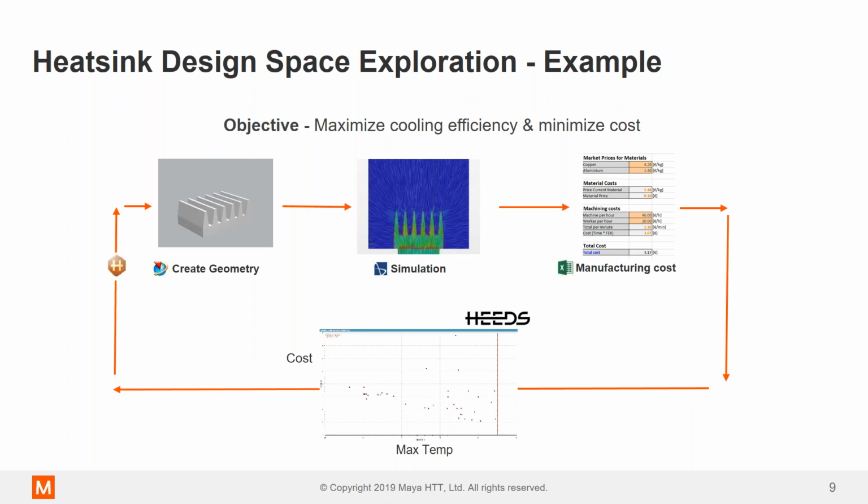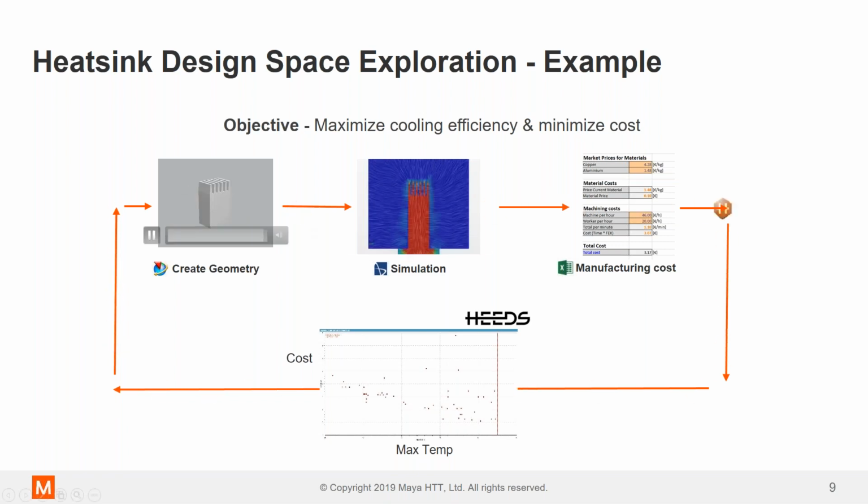As you can see in this simple example, we're going to be looking at how you might maximize the efficiency of a heat sink. Something we're all pretty familiar with, the kind of thing you might find on any circuit board. But at the same time, look at the cost aspect of that, and how can we minimize the cost but get the performance we need in the design.